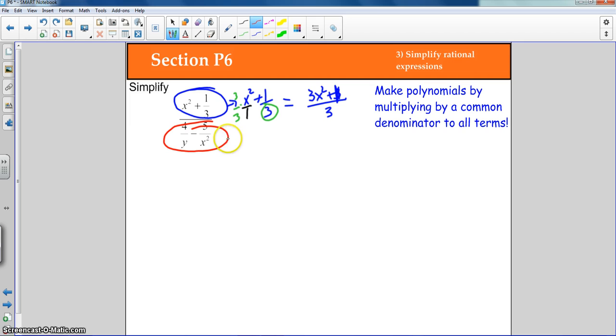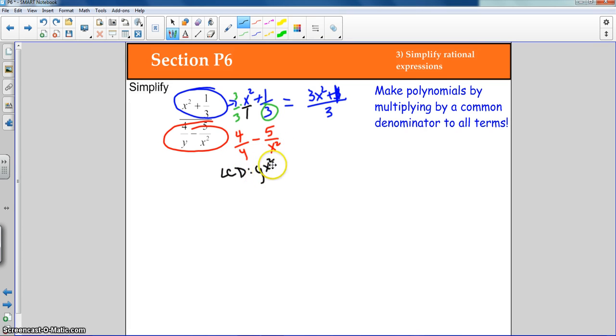Now let's look at this one. Well, in order to subtract these two, I need to find a common denominator. What is the least common denominator here? Well, this one is going to be a y. The common denominator needs to have a y in it. This one needs to have an x squared in it.